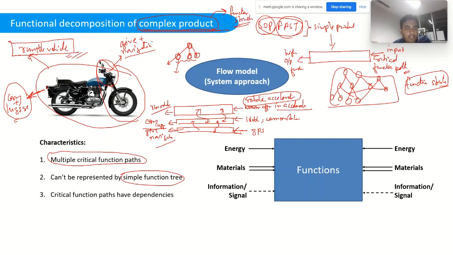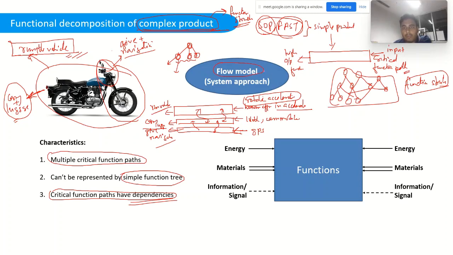The third point is that a complex product has critical function paths which have interdependencies among themselves. Let's take an example. The method we use for functional decomposition of a complex product is called the flow model.